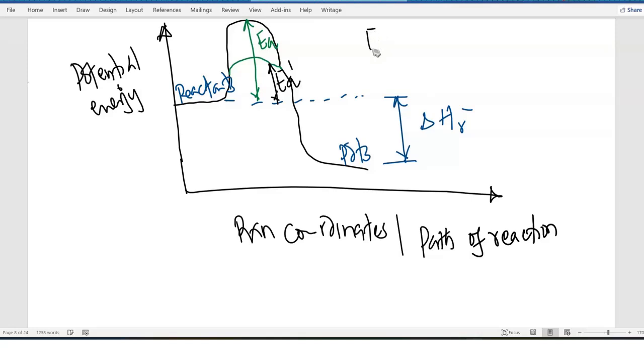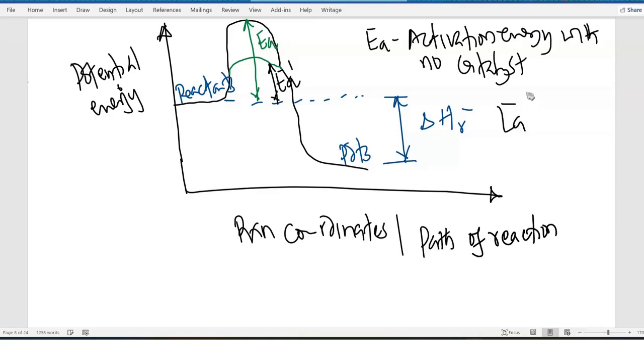So this is the activation energy with no catalyst, then activation energy with a catalyst. So this graph is very important, and you need to understand it. So meaning we are saying the catalyst provides an alternative pathway for the chemical reaction to take place, and this alternative pathway has a lower activation energy.